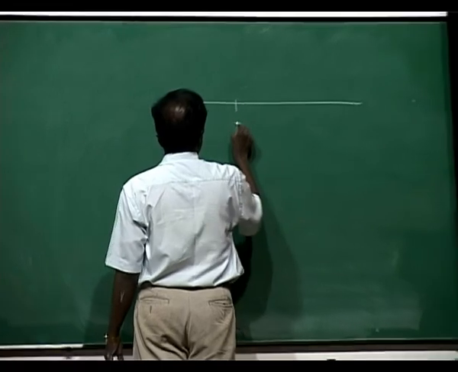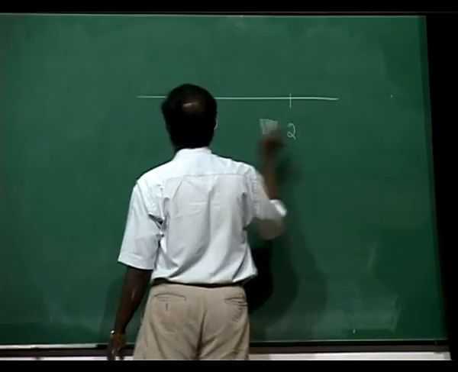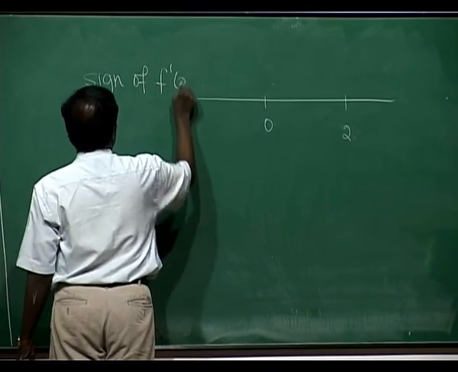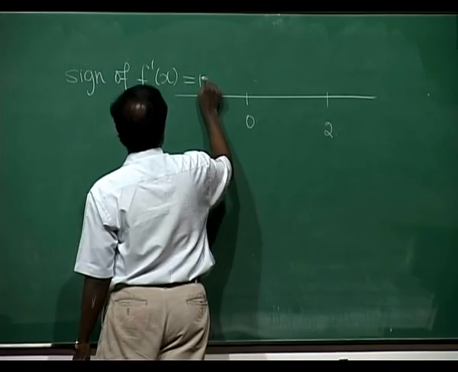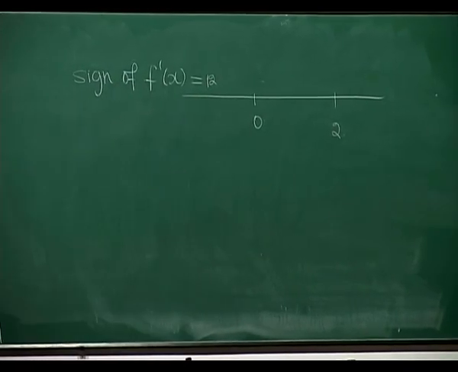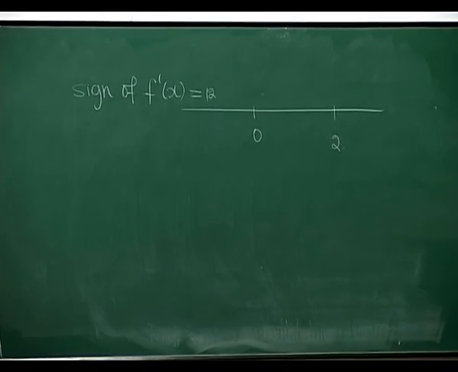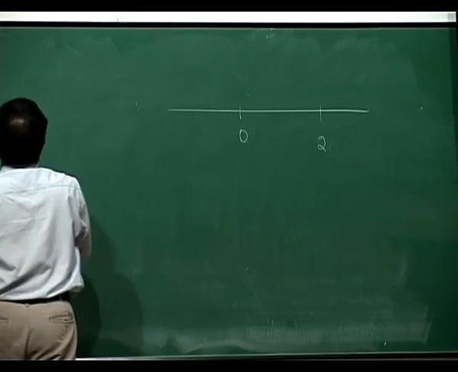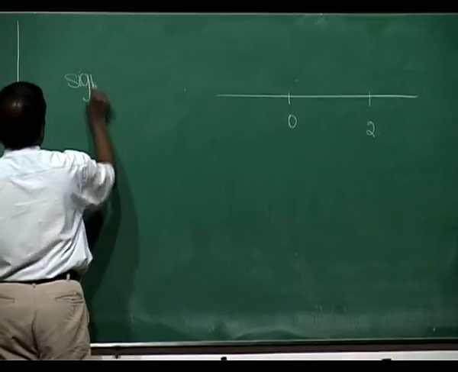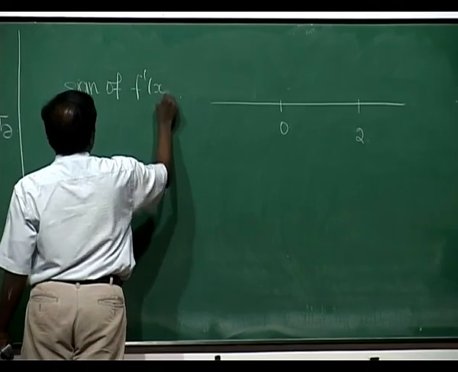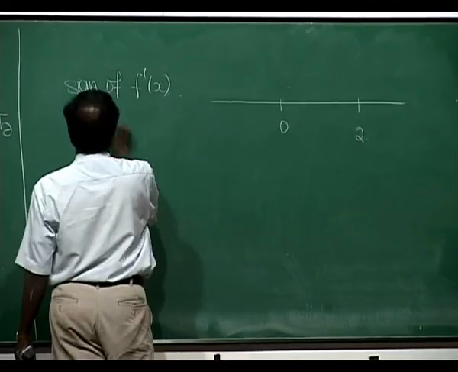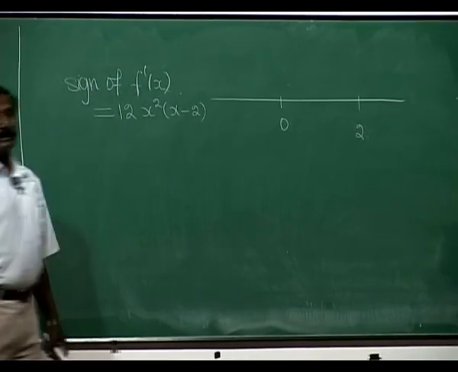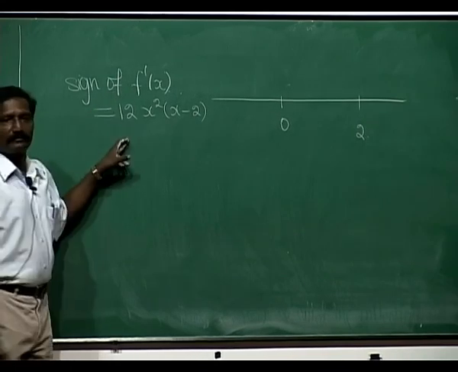So this is 0 and 2. Sign of f'(x), that's nothing but 12x^2(x - 2). Here f' is a continuous function, right?